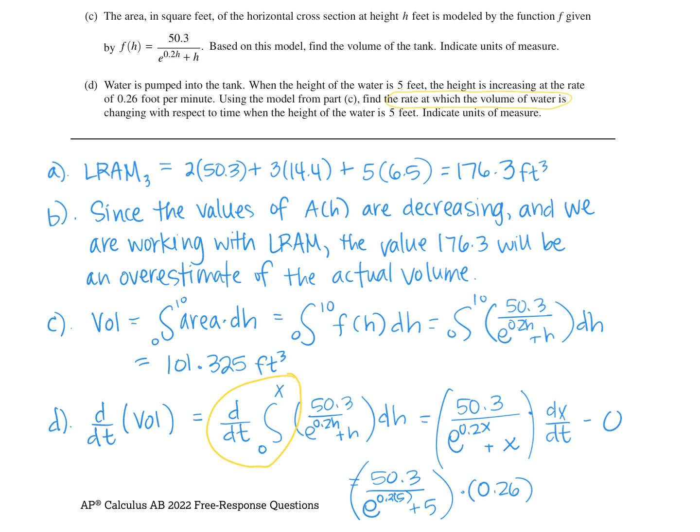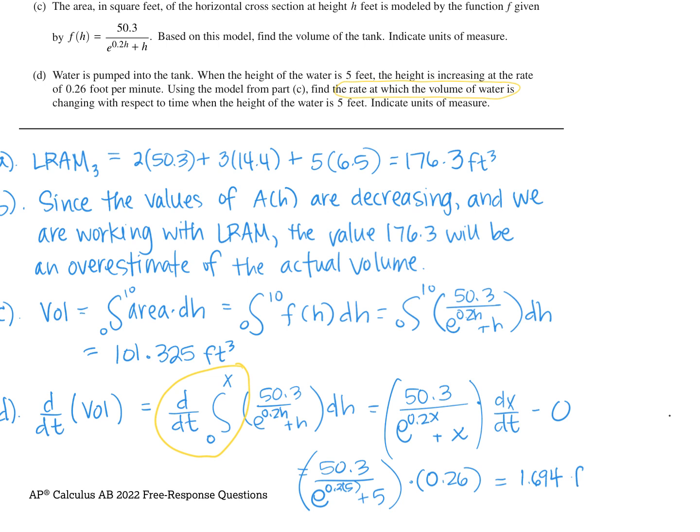And then that will give us our volume, which is 1.694. And the units on that are the derivative of the volume changing. So our volume is cubic feet changing per minute.